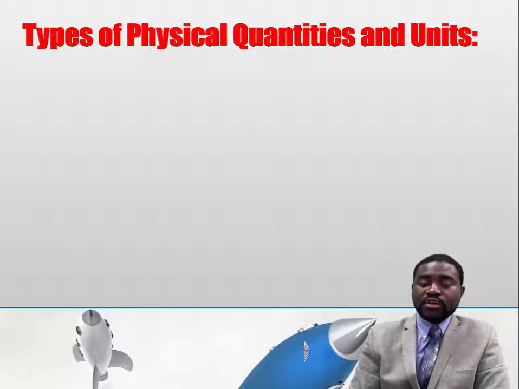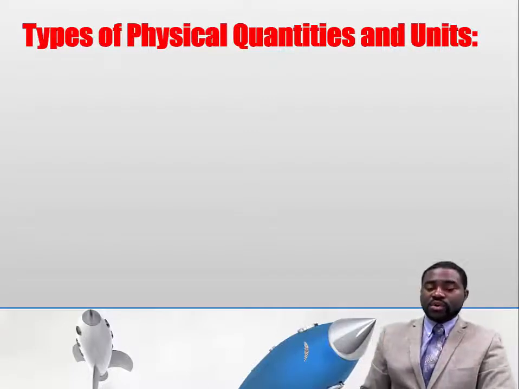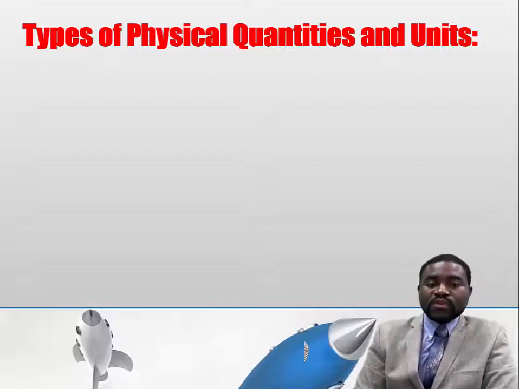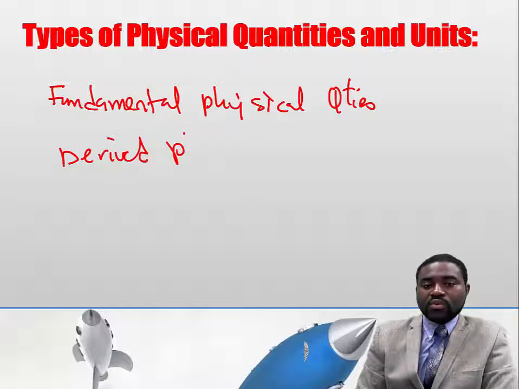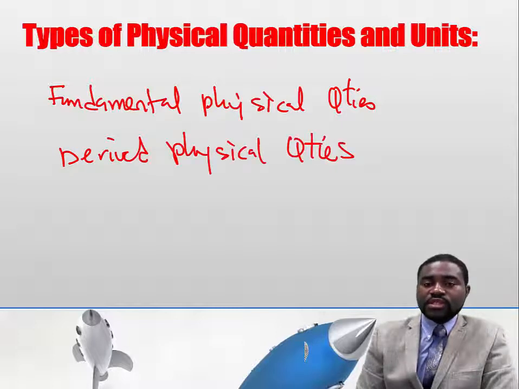There are basically two types of physical quantities. You have fundamental physical quantities, and you have derived physical quantities.